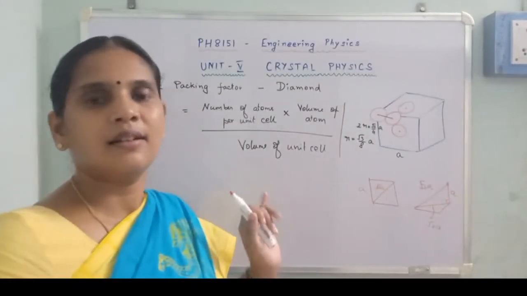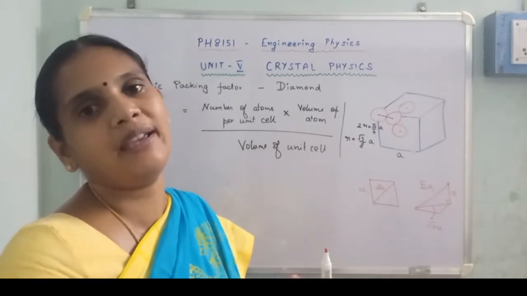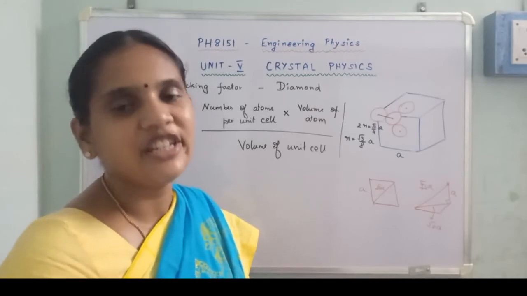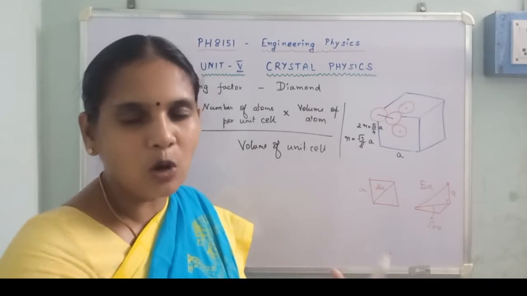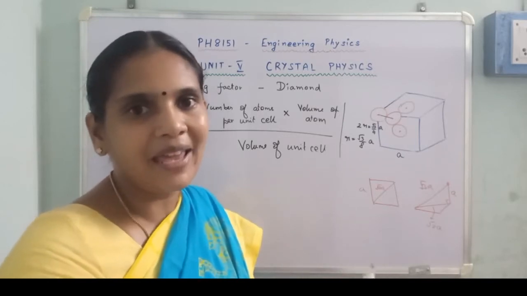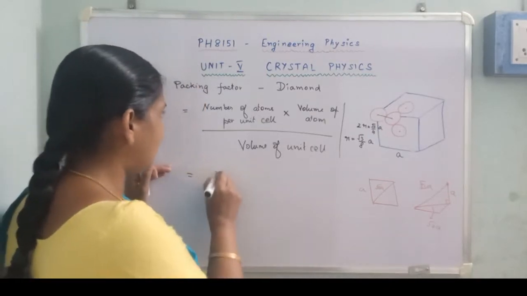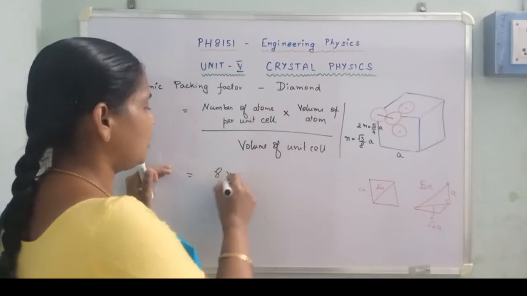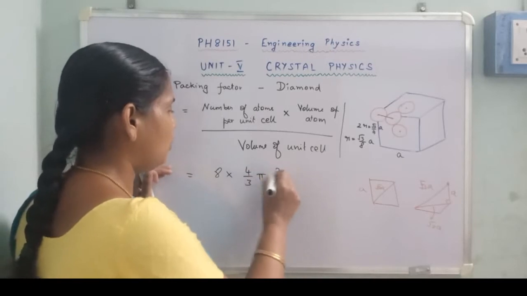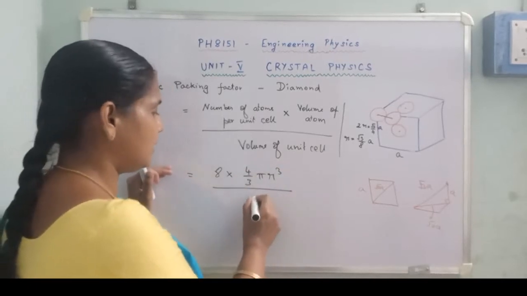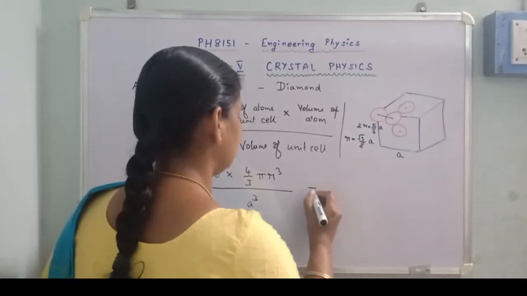It gives us a numerical value of how much of the unit cell is occupied by atoms and how much of it remains empty. So in case of diamond, there are 8 atoms in a unit cell. The volume of each atom is 4/3 πr³, and volume of unit cell is a³ because it's a cube of side a.